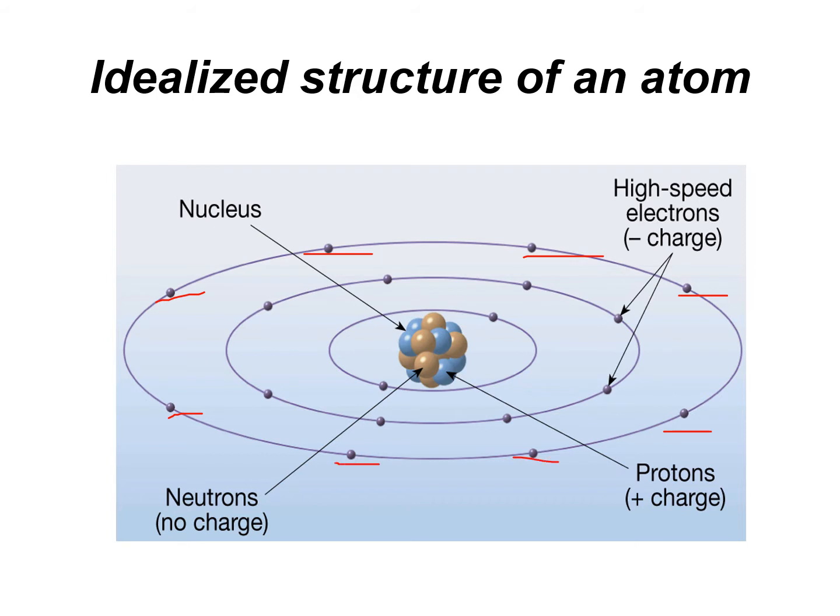And so let's say we had an instance where there were, say, 2 missing. It still balances out with the number of protons, so again there's no charge to it, but it wants that outer orbital to be full. And so if it can steal 2 electrons from somewhere else, that outer orbital will be full, but then it'll have a -2 charge to it.